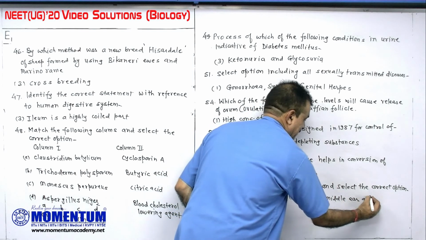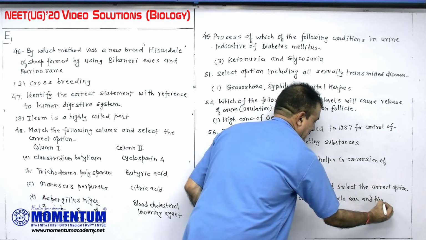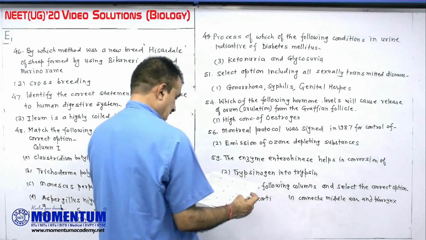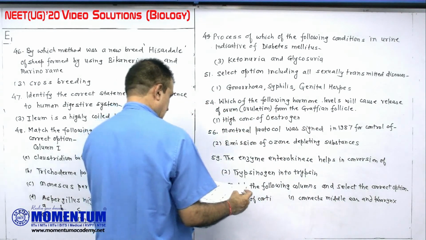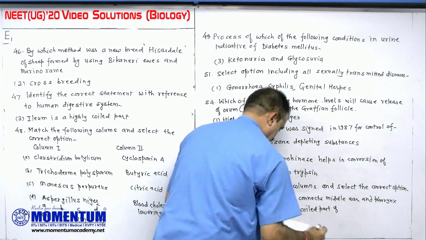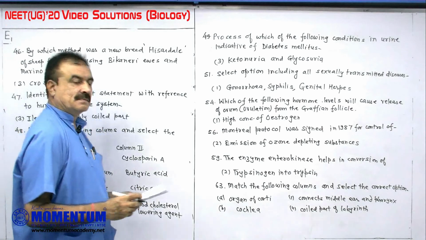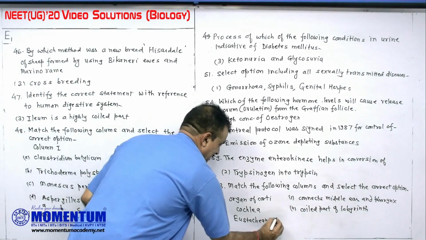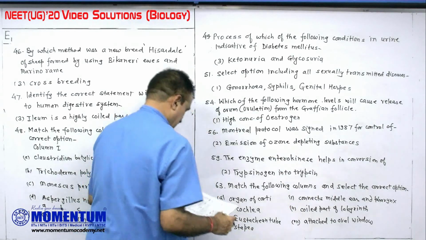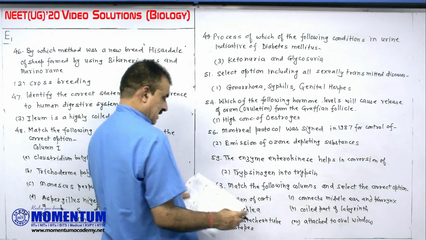Cochlea, coiled part of the labyrinth. Then C, Eustachian tube, attached to the oval window. Stapes is located on the basilar membrane.